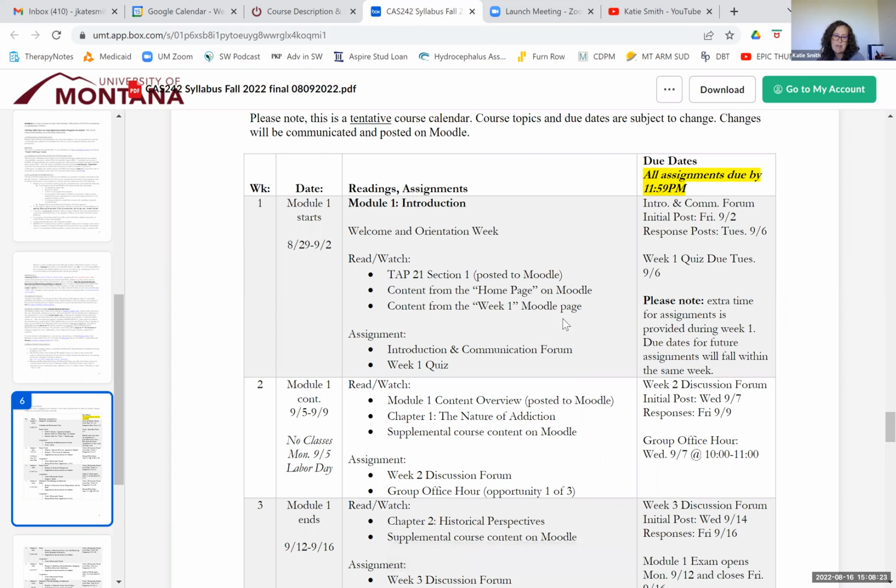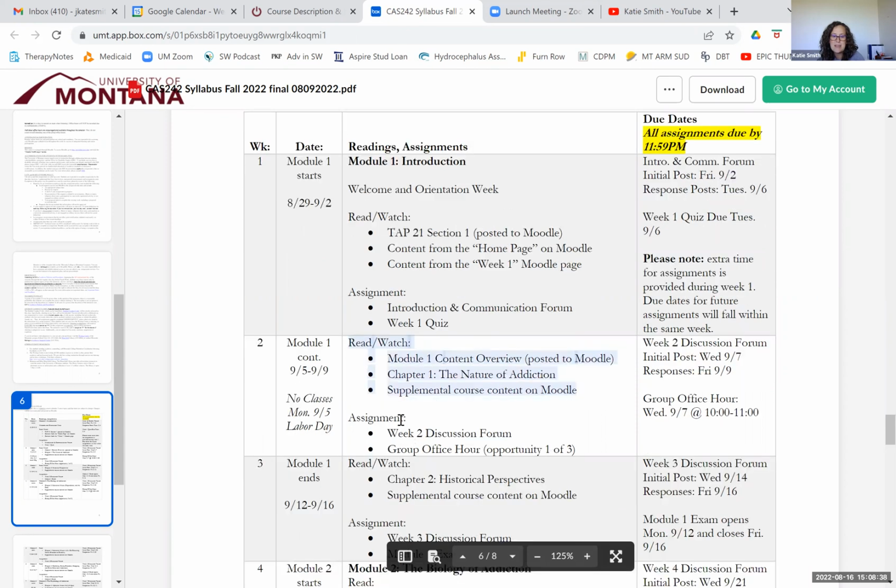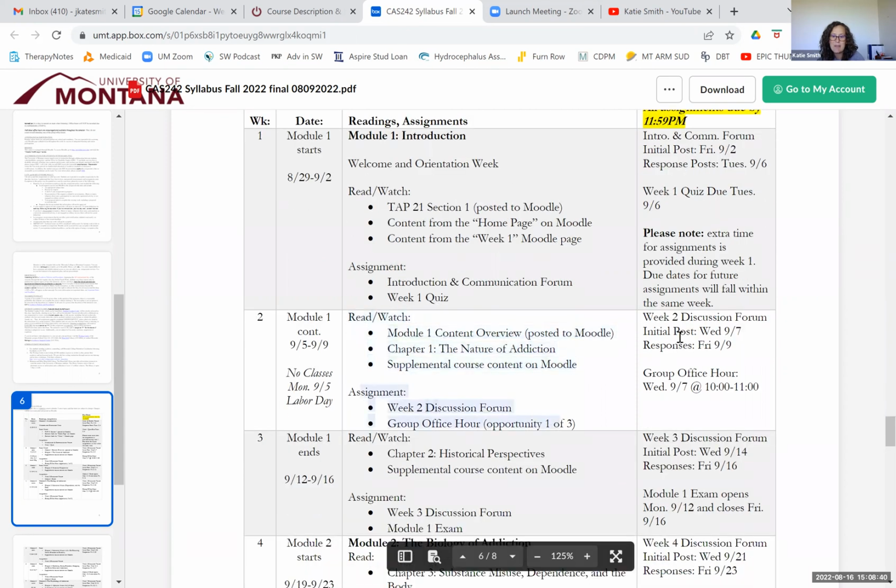So you'll see that as you navigate Moodle. So this is the content I'm engaging in. These are the assignments that are due this week. And this is when these assignments are due. So that's how this entire document is set up. Week 2, the dates of week 2, the course content, the assignments that I have, and when those assignments are due.